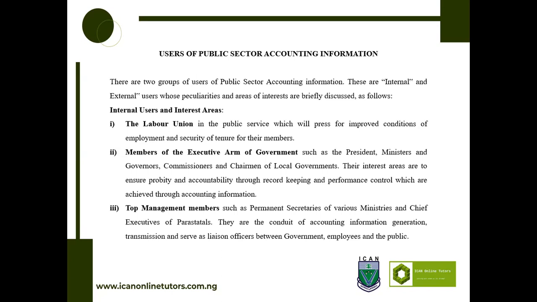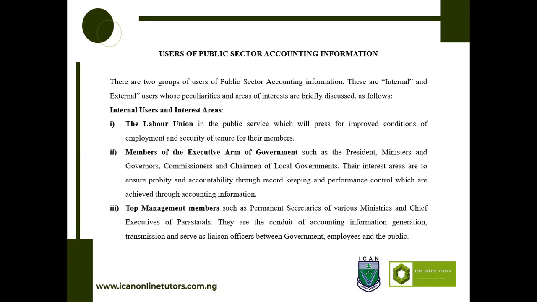Talking about internal users, these are the first or primary members that are entrusted with the public funds and give accounts at the end of their fiscal year. So these are the first users of public sector accounting. So we have the internal users and we have the external users.